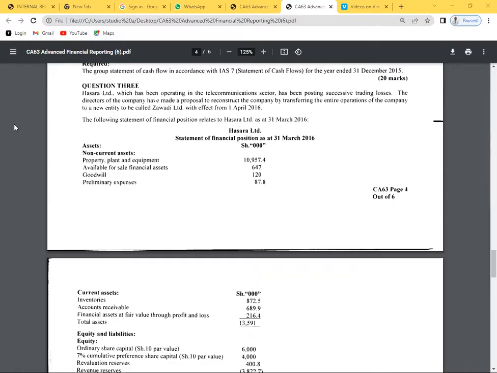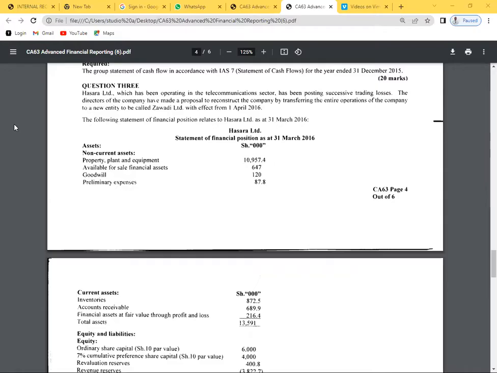After accounts receivable, I can see financial assets. After financial assets, I can see total assets. I will not write that. No, it's important, I can just write it. Total assets.